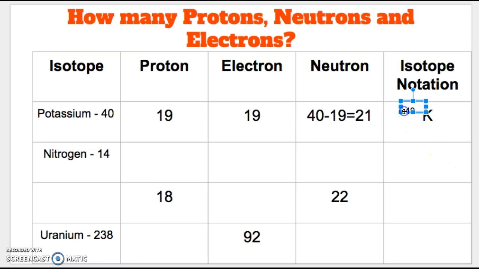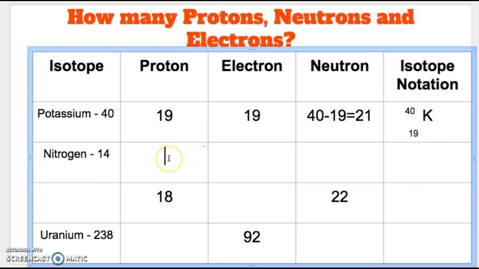On the bottom, you are going to have 19. That is the atomic number. So all of your isotope notations here should have the letter, the mass, and the atomic number in that same order.